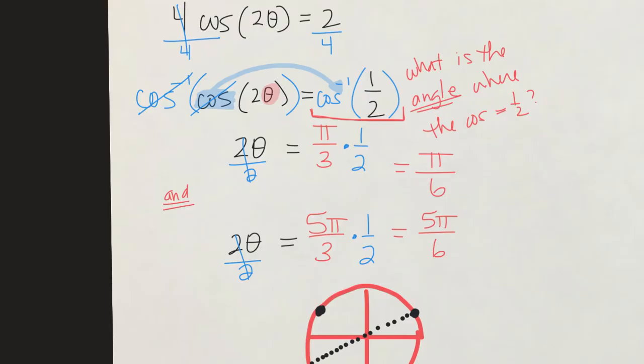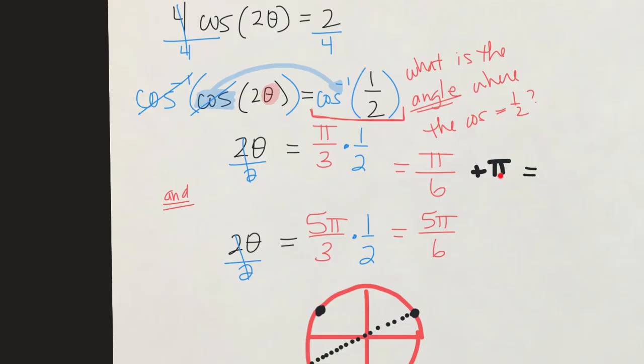So our first answer of pi over 6, if we add pi to pi over 6, what is our other answer? So here's our deal. What's our denominator of this fraction? In order to add a fraction to a non-fraction, I have to change this into a fraction.